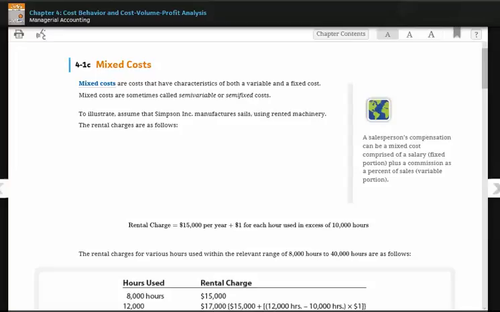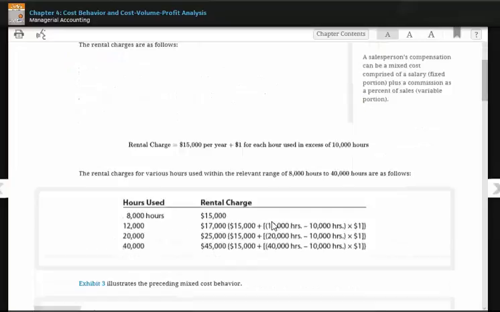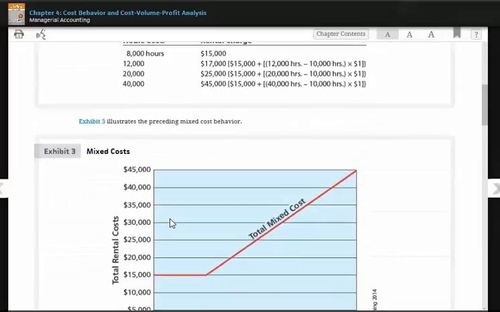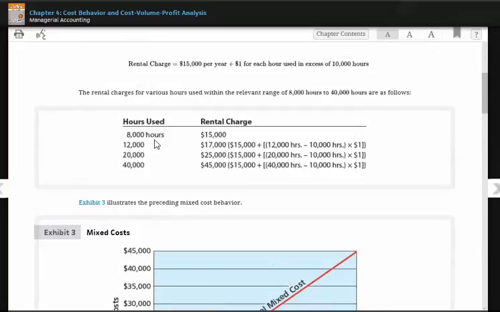So in this cost concept chapter, we're going to break down all of our costs into two components, fixed or variable cost, as we saw in the previous little lecture I did. So here we have a cost where for 8,000 hours, it's going to cost us $15,000. So that's a fixed component.